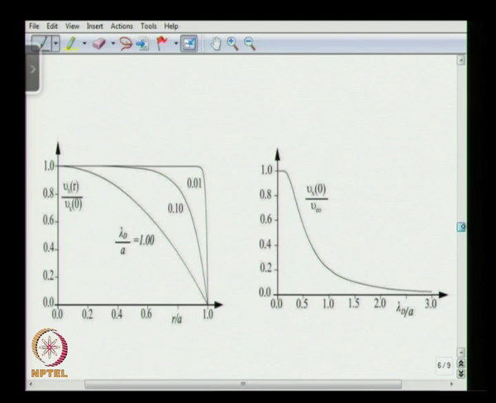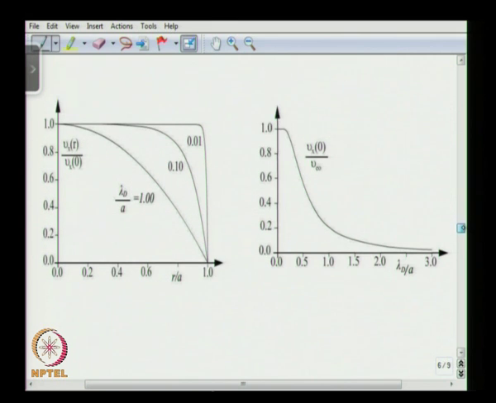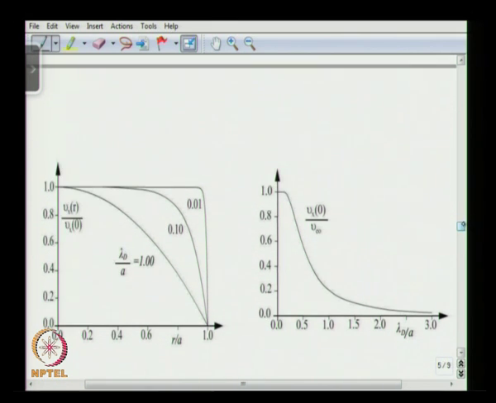But when lambda d becomes comparable to the length scale, how is the profile of the electroosmotic flow going to change? That is something we can look at here. So, we look at Debye layer overlap.